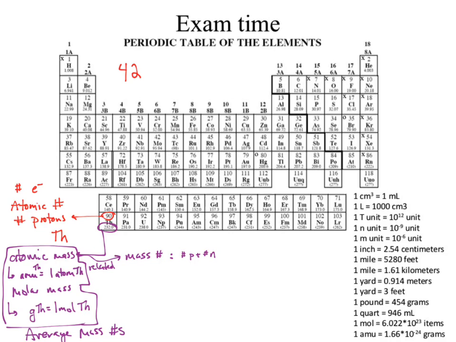Right? 42, a measurement unit. What would be an example of a measurement unit? Grams, liters, seconds, moles. Right? Every number needs a measurement unit. Okay? So that's now 42 grams.